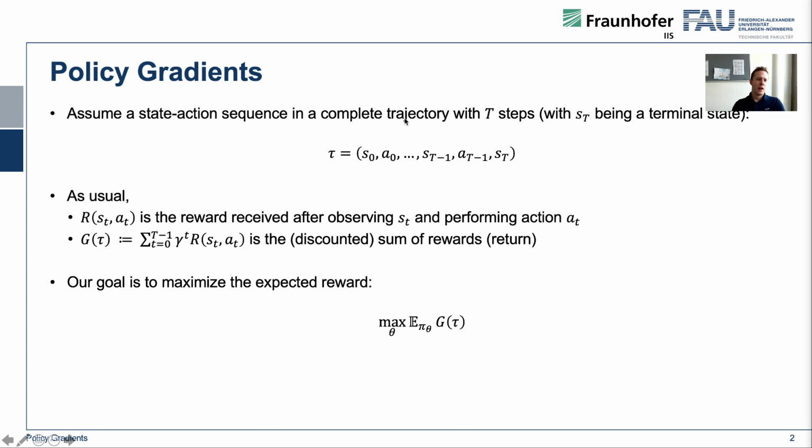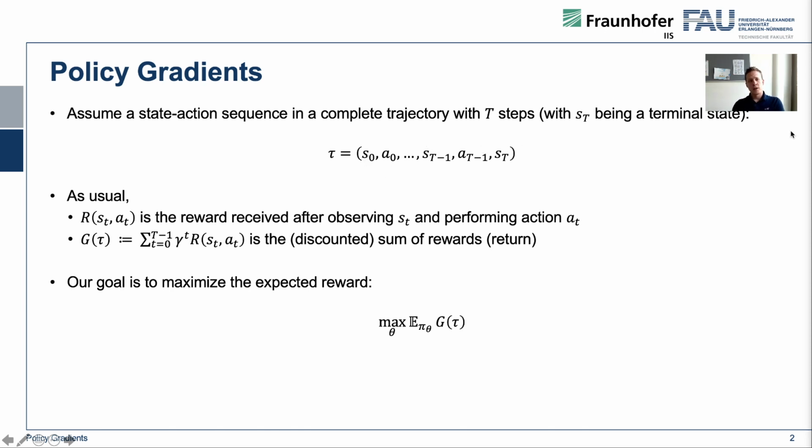So, as in the general reinforcement learning setting, assume that we have a state action sequence of a complete trajectory, and it consists of capital T steps with S_T being a terminal state. So our trajectory consists of states and actions.